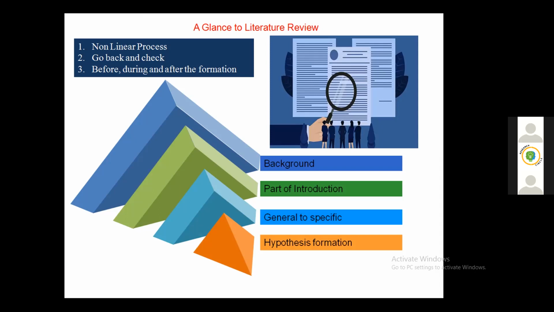That means you have to be very vigilant about the publications available on the same topic. Before, during, and after the formation, in these 3 stages we have to be careful. Before means before starting the process, during the research activity, and after the publication also you should be familiar with the developments contributed by other people in this area.